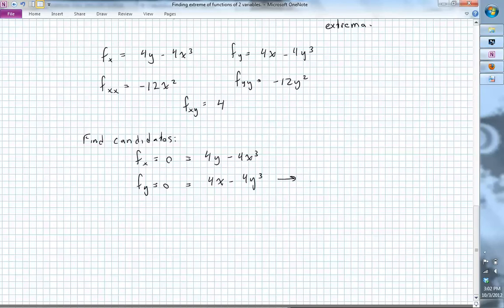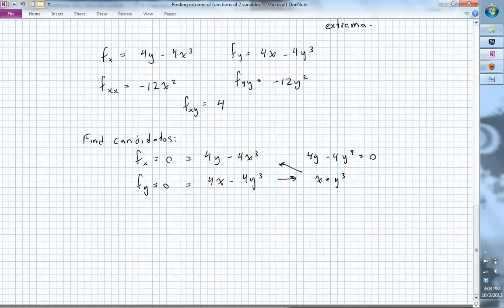If we use the second equation, we see that x is equal to y cubed. So I'm going to take that and dump it into the first equation. So if x is equal to y cubed, then we get 4y minus 4y to the 9th equals 0.